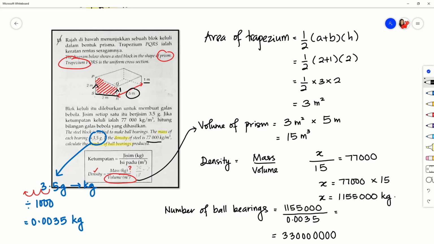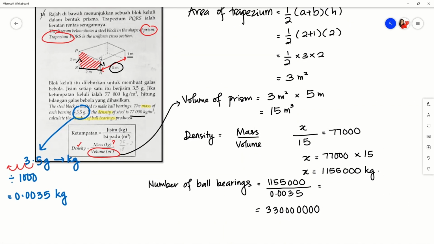Okay, so this is not in standard form. So what we are going to do is change it to standard form. That means the 330 million, I'll have to change to 3.3 to keep it in standard form, because 3.3 is between 1 and 10. So if I were to put my decimal point here, I'll have to move 1, 2, 3, 4, 5, 6, 7, 8 times to my right.